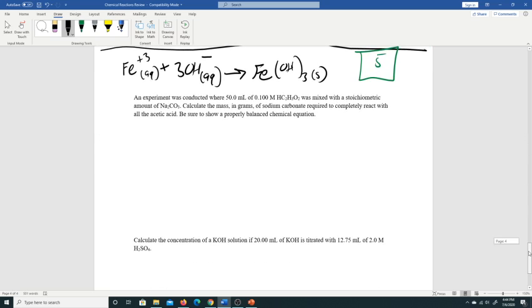Next question. An experiment was conducted where 50 milliliters of 0.100 molar acetic acid was mixed with a stoichiometric amount of sodium carbonate. Calculate the mass in grams of sodium carbonate required to completely react with all the acetic acid. Be sure to solve a properly balanced equation.